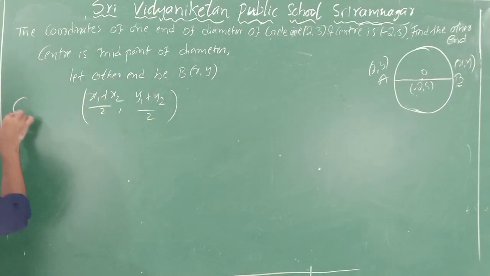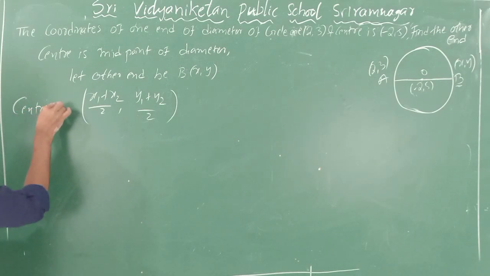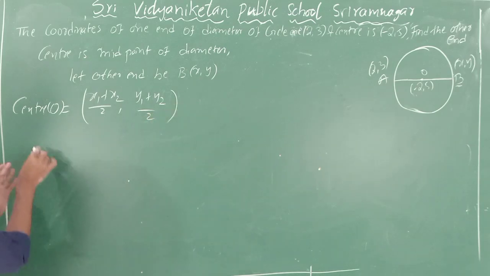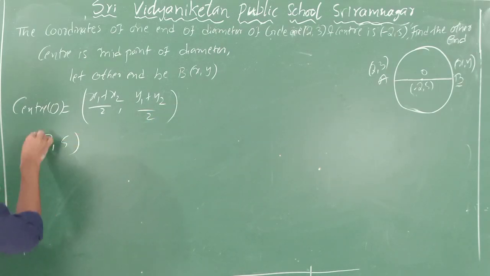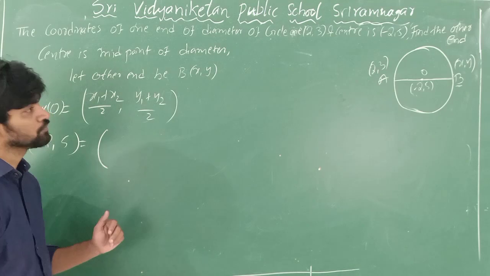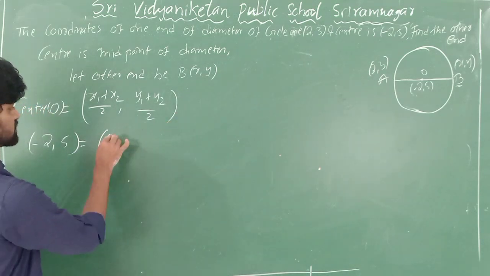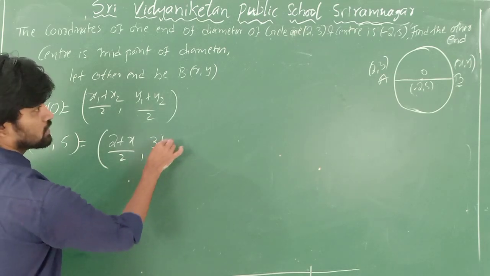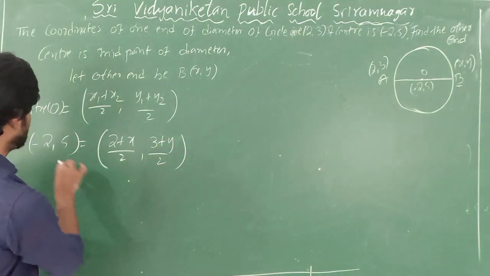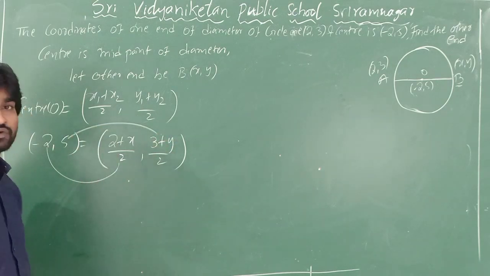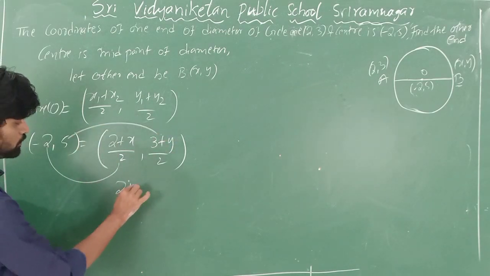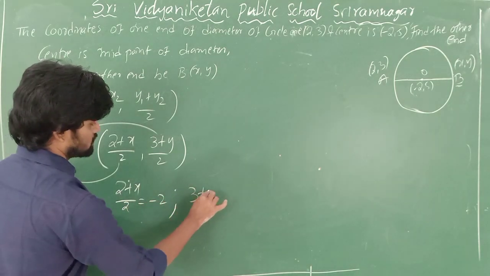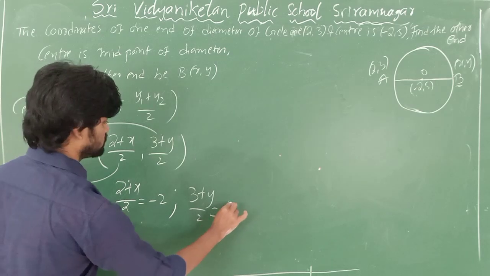This is the center. Now the center is already given: -2, 5 is equal to x1 plus x2, so add x coordinates: 2 plus x by 2, and 3 plus y by 2. Just compare x coordinate to x coordinate, y coordinate to y coordinate. 2 plus x by 2 is equal to -2. 3 plus y by 2 is equal to 5.